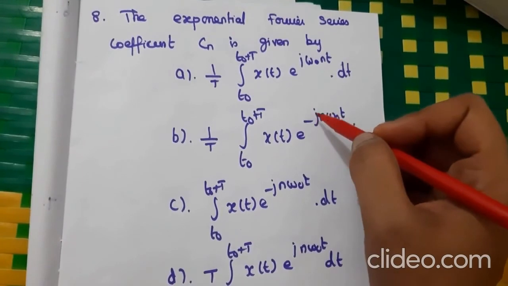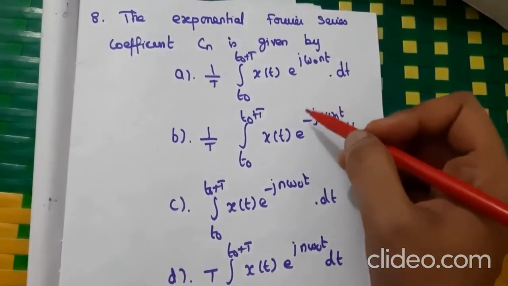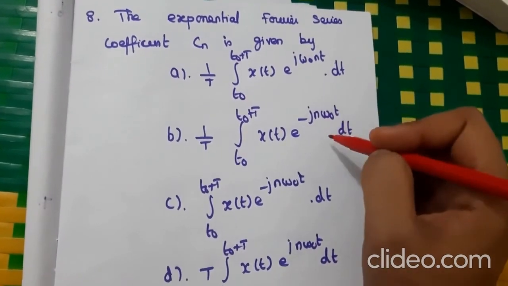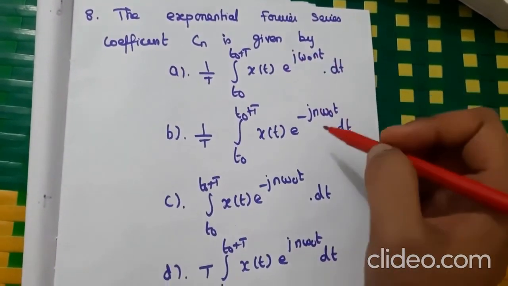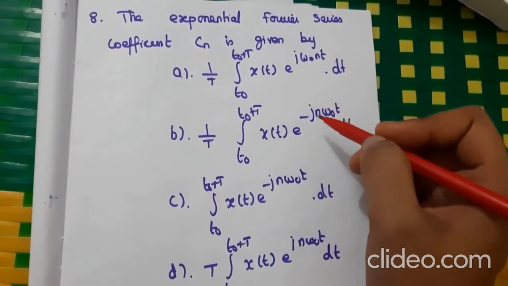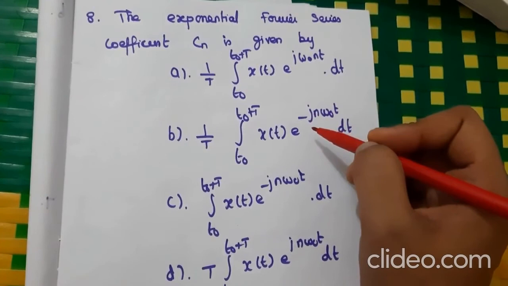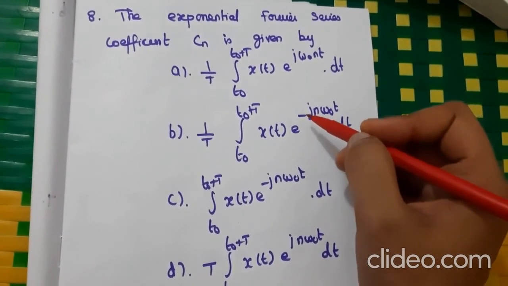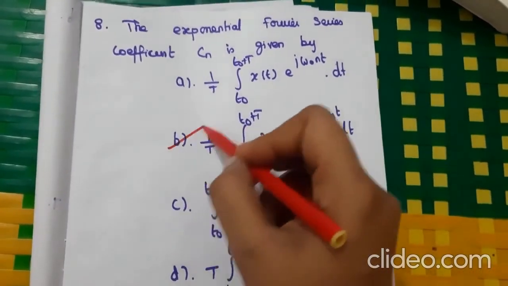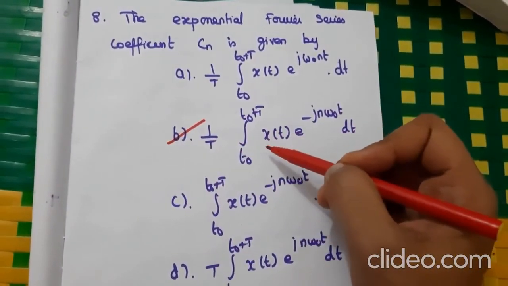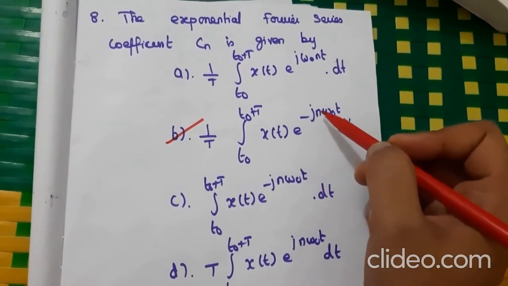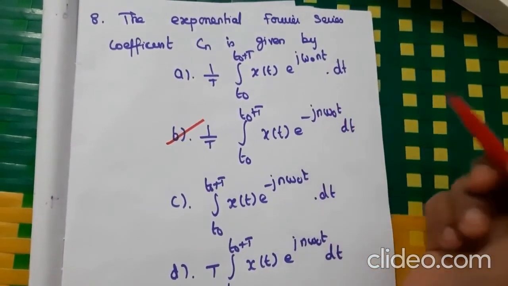We have e power plus jn omega naught t, that is Cn e power jn omega naught t. And in the coefficient calculation, we have this negative sign. So for Cn, the answer here is B. 1 by T integral x of t e power minus jn omega naught t into dt. B is the answer.